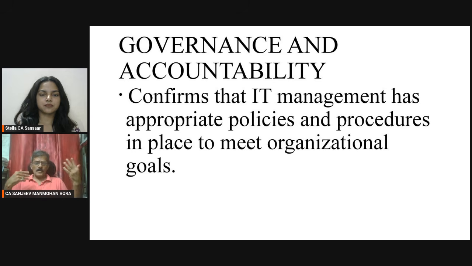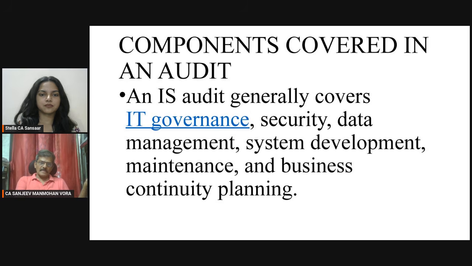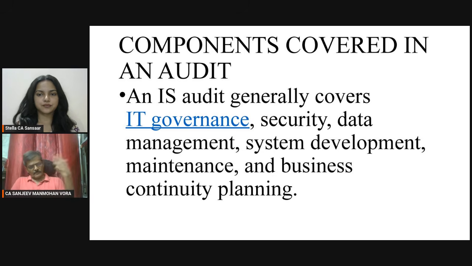So, by now, thank you, viewers. I think most of the things we have covered, and components covered in an audit. An IS audit generally covers IT governance, just as we saw the IT policies and procedures in the earlier slide. Then it also covers security, as we saw in the slides, and as we learned how the security is maintained.